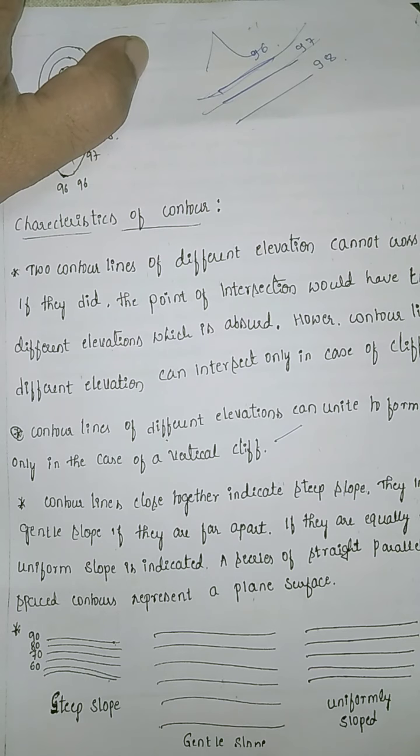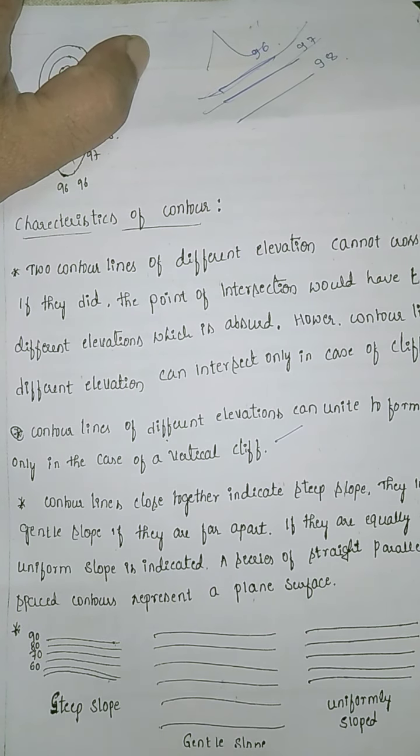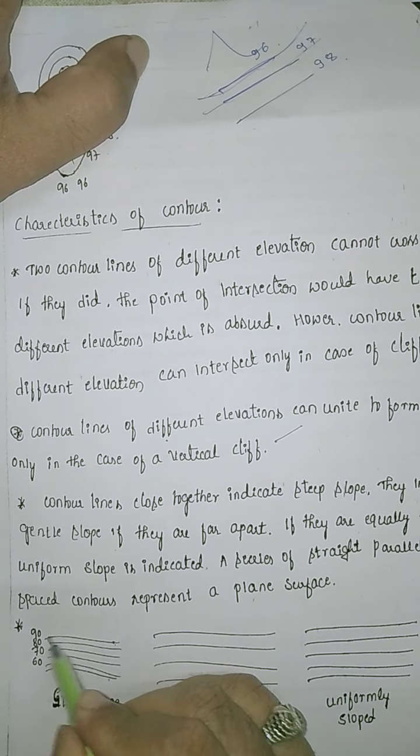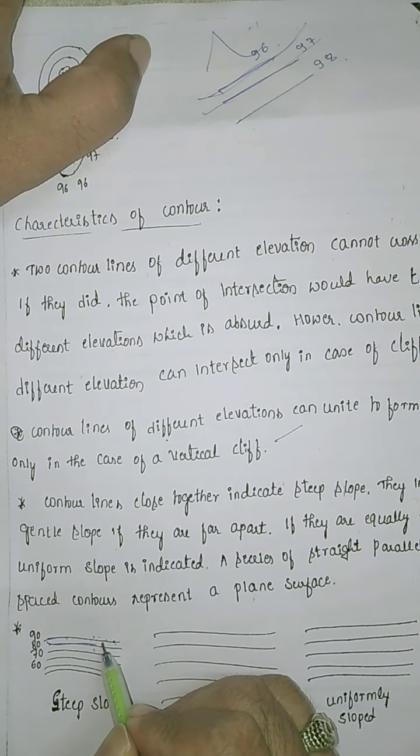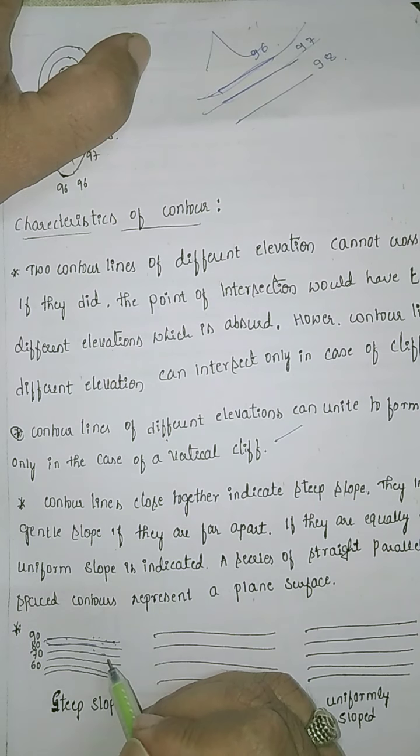Contour lines close together indicate a steep slope. If the contour lines are very close to each other, they represent a steep slope.